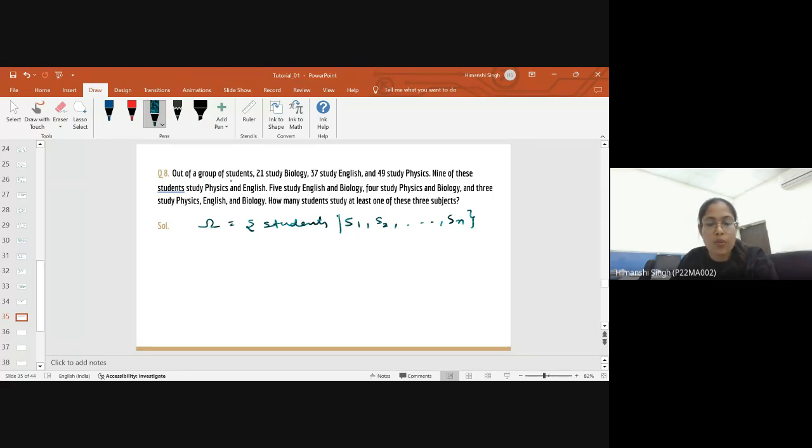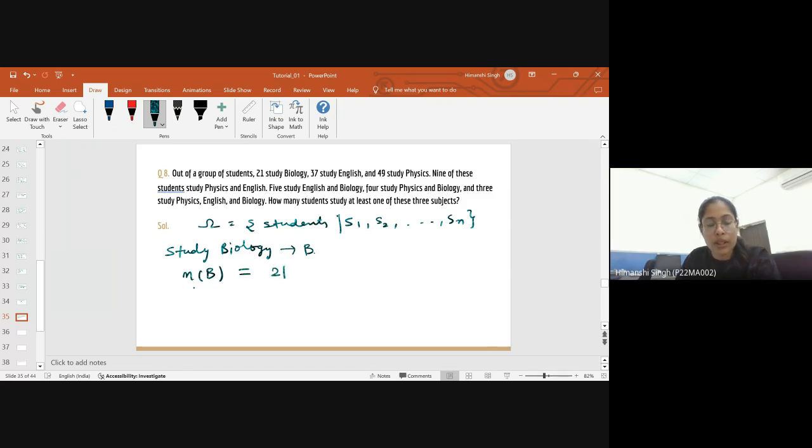Out of a group of students, 21 study biology. Let the name of this event be B, the event that the students study biology. So the number of elements in this event B is 21.